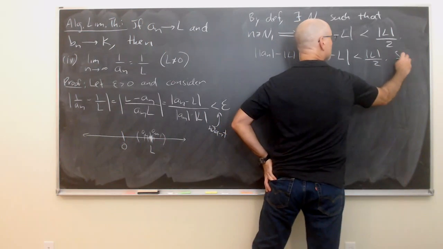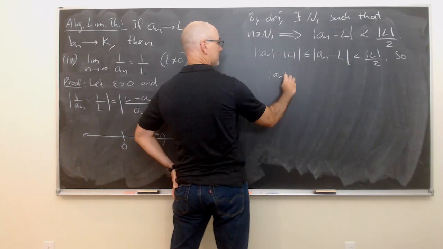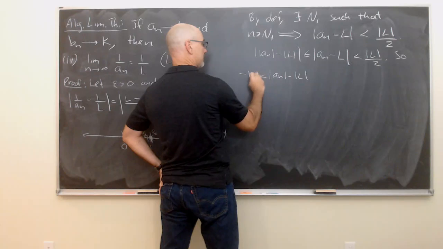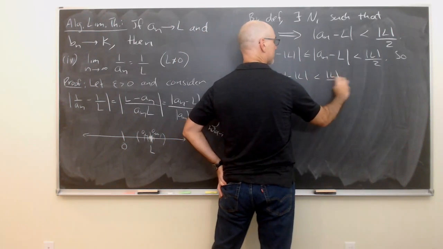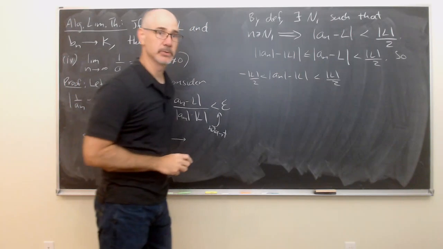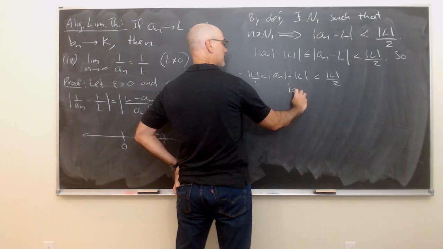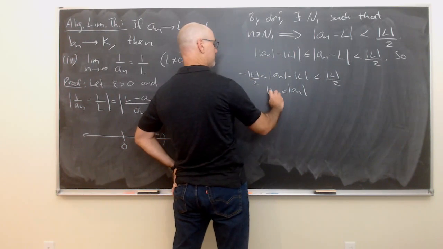So a sub n minus L is bigger than minus absolute value of L over 2, and smaller than absolute value of L over 2. Now I can get a sub n by itself by adding absolute value of L to both sides.